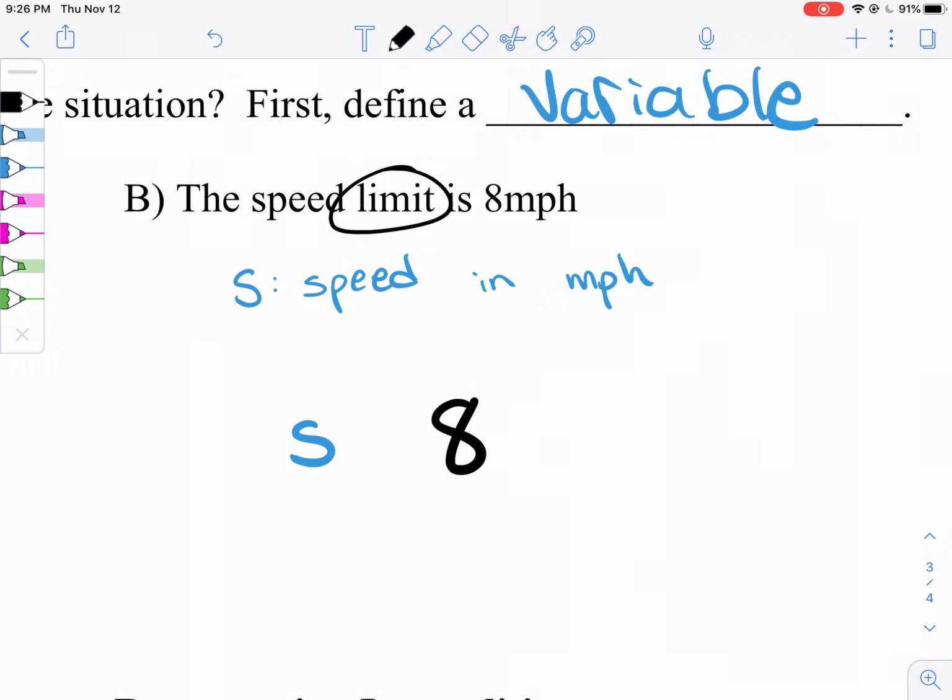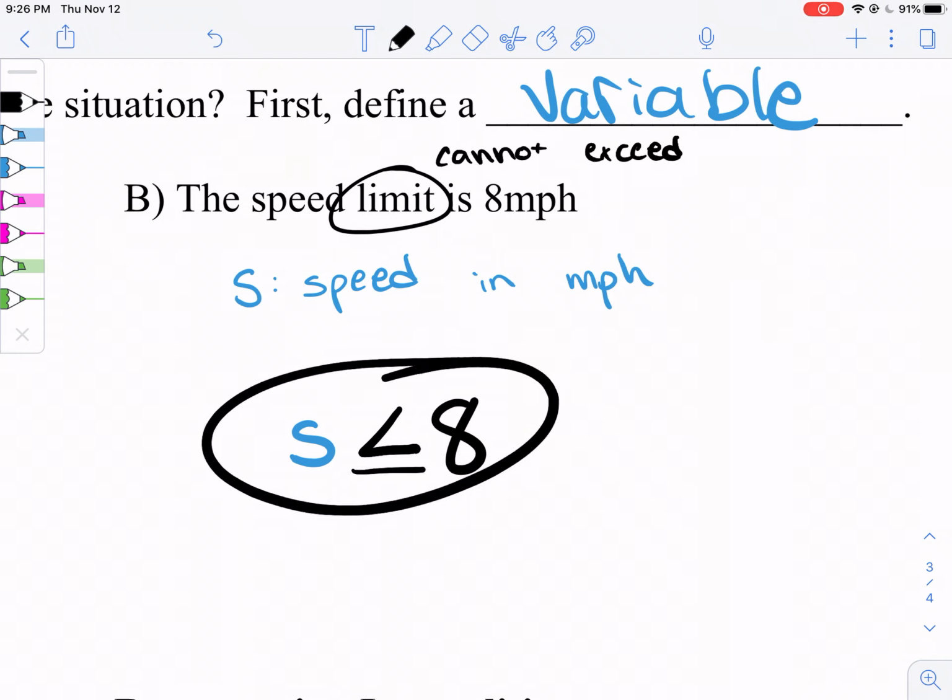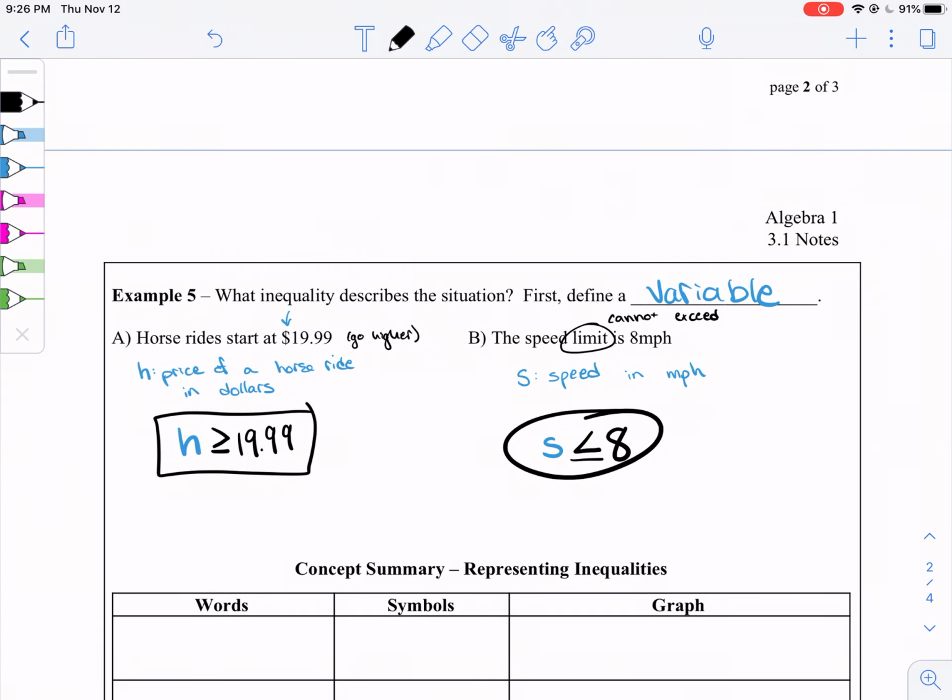You cannot exceed 8 miles an hour. So it's always going to be less than 8. Can you go 8 miles an hour if the limit is 8 miles an hour? I think so. So I think that should be an equals. So s is less than or equal to 8.